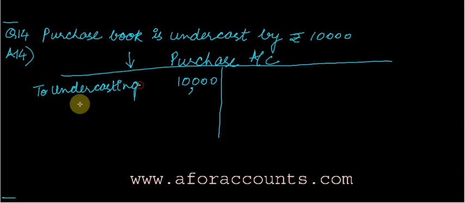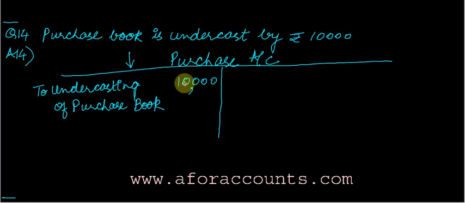Since it was undercast, and purchase has a debit balance, I just need to write to undercasting of purchase book 10,000, and I am done with the solution.